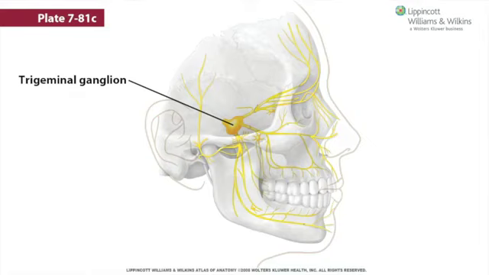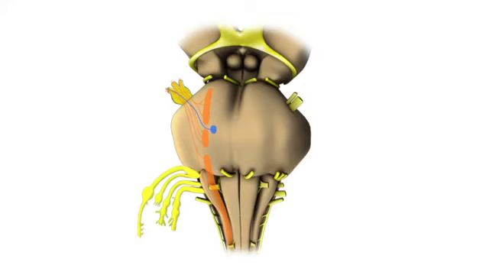They have an axon that bifurcates into a peripheral process and a central process. The peripheral process carries a signal from a sensory organ in the periphery to the ganglion, and that signal continues through the central process to the central nervous system where it synapses at a nucleus.